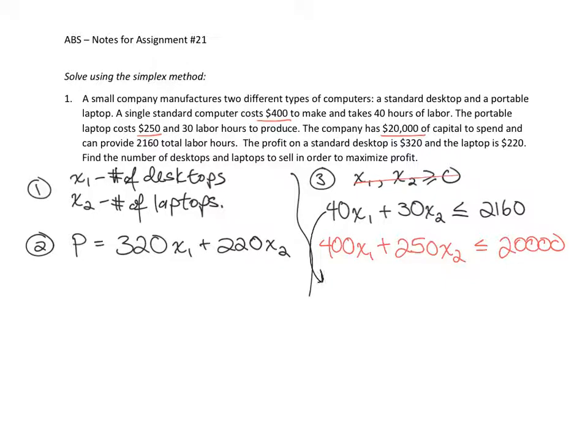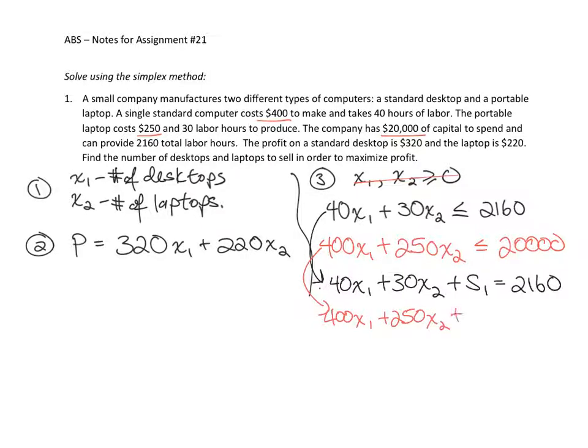So the system would look like, from this first equation, 40x sub 1 plus 30x sub 2 plus slack variable 1 equals 2160. This equation for the red one would look like 400x sub 1 plus 250x sub 2 plus slack 2 equals 20,000.